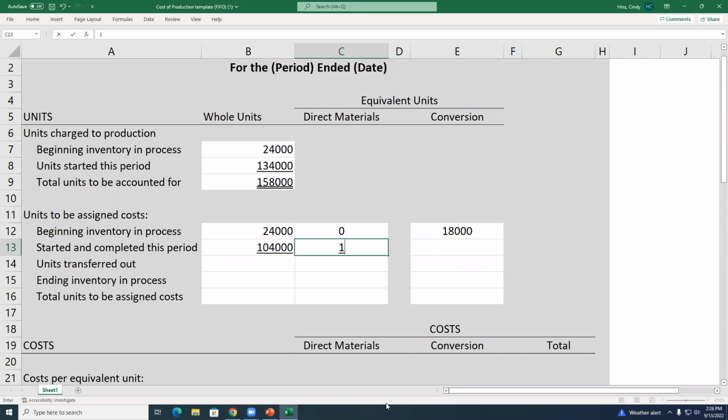If they were started and completed in December, that means we added all the direct materials and we did all of the work. Next line is just to put in your totals of equivalent units of direct materials and conversion costs that were transferred out during the month.